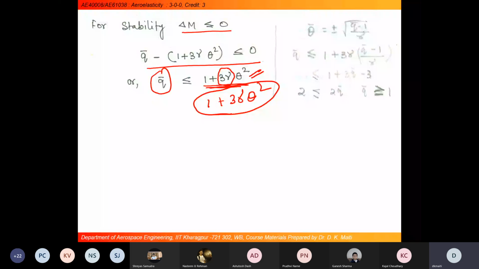Let's say I'm taking delta M greater than or equal to 0 with delta theta negative, less than 0. Then q bar will obviously need that sign term also here. Then this will become plus 1 plus 3 gamma theta square, greater than or equal to 0.